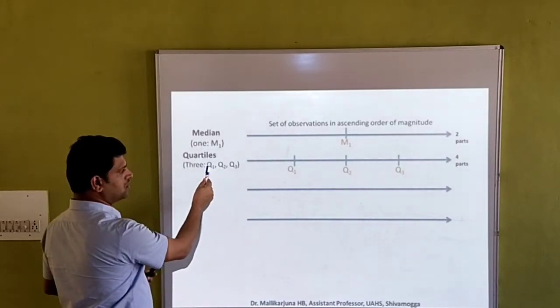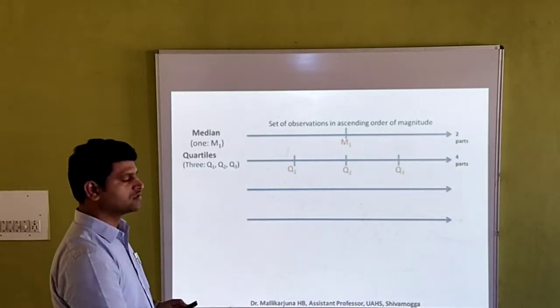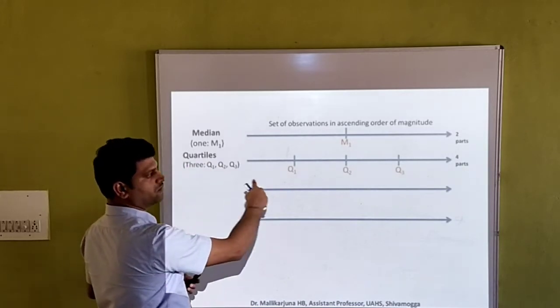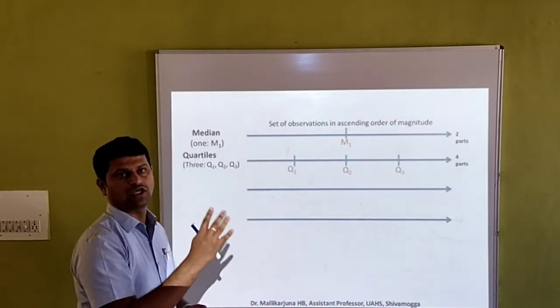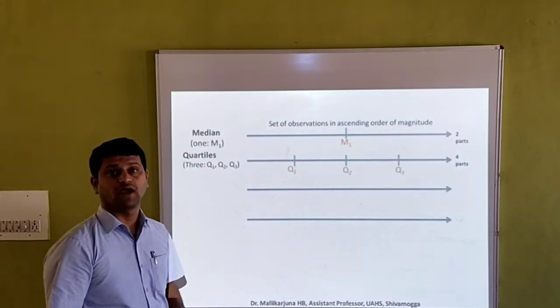Quartiles are 3 in number: Q1, Q2, Q3. They divide the whole series into 4 equal parts when the observations are arranged in the order of magnitude.